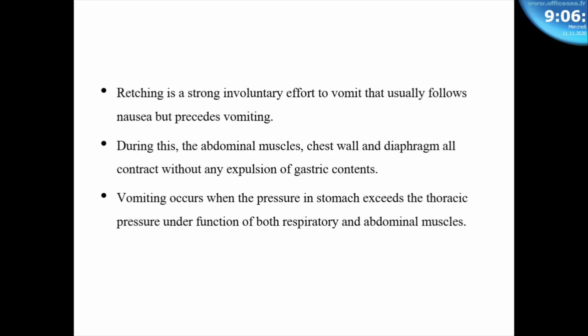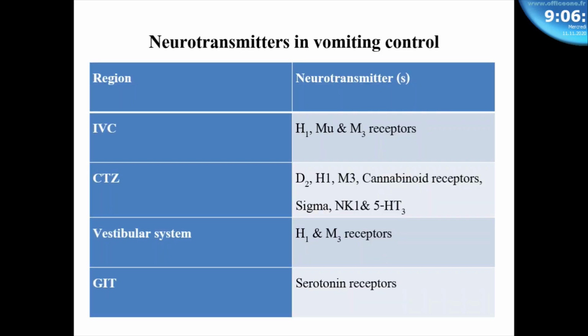Friends, between nausea and vomiting, there is another phase called retching, where there is a strong involuntary effort to vomit. During this phase, the abdominal muscles and the respiratory muscles, the diaphragm, are stimulated, but not to the level of having vomitus come out, until the pressure in the stomach exceeds the thoracic pressure.